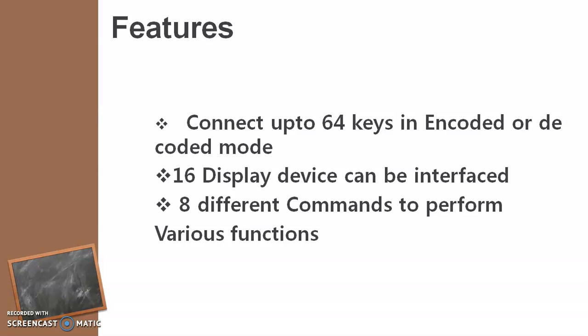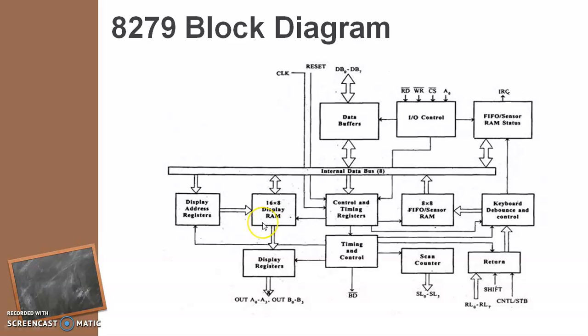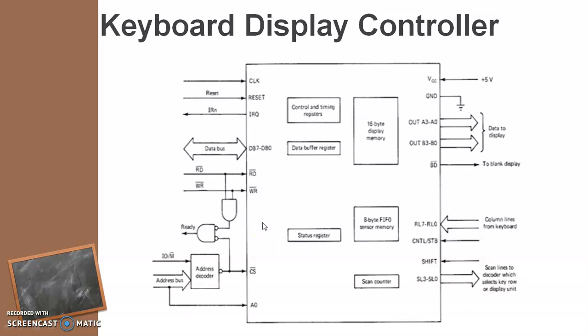Using the 8279, you can connect a maximum of 64 keys in an encoder decoder mode, 16 display devices can be interfaced, and 8 different commands can be given to perform the various functions. This is your keyboard display controller. You can see the 8-byte FIFO sensor RAM, which is for the keyboard section.